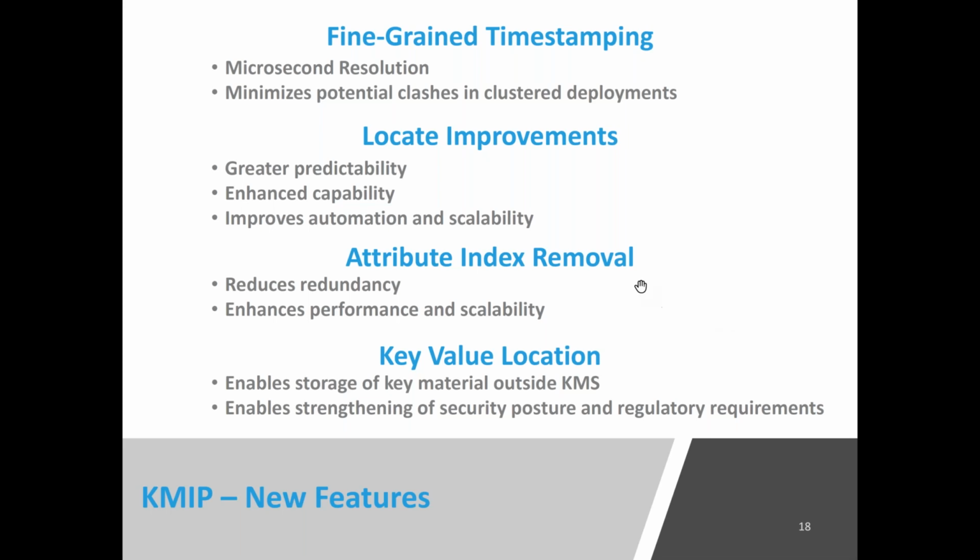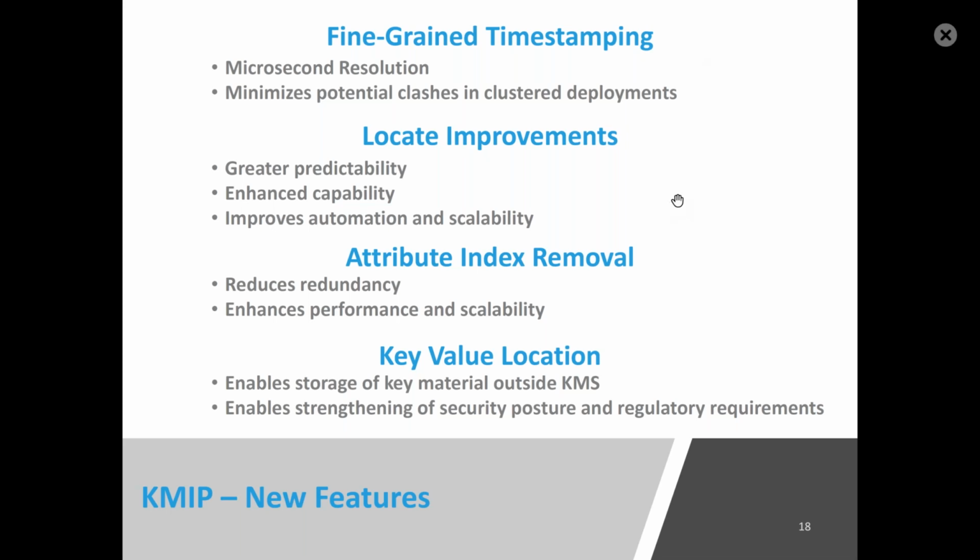We've also added some capability into the locate operation. That is a very well-used operation within KMIP. It means you don't necessarily need to store the UUID associated with a particular object. You can store something else that would allow you to retrieve that, something associated with the data it's encrypting, for instance, as metadata.